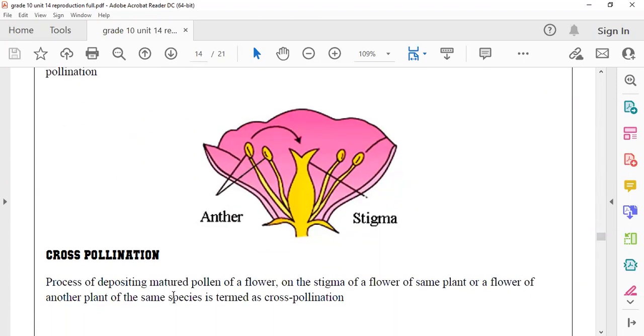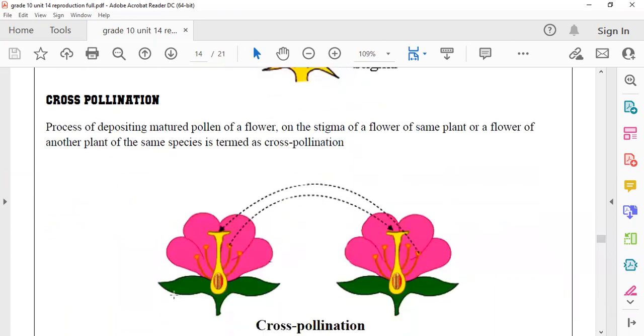If the pollen made by a flower reaches the stigma of another flower, that other flower can stay in the same plant or can belong to another plant. That doesn't matter.